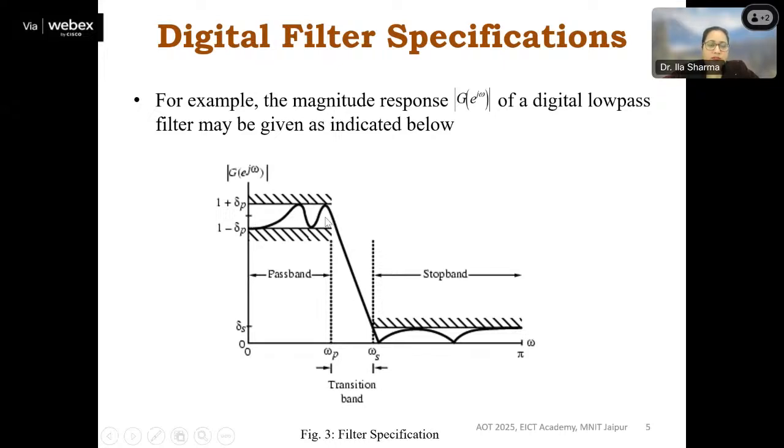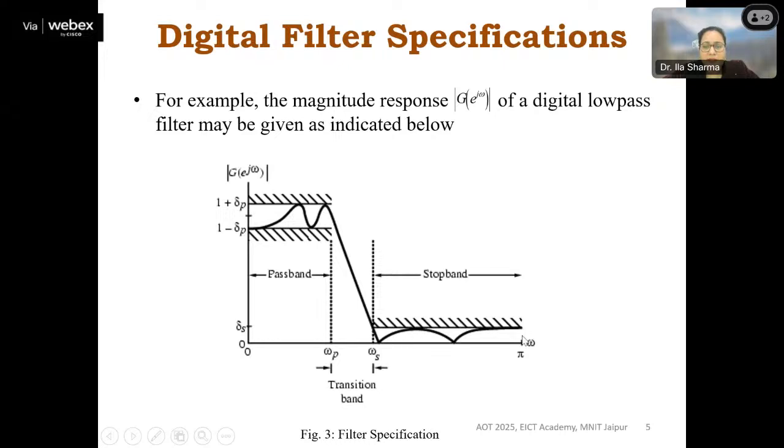But just observe this figure. It is not smooth, it is not constant, and it is fluctuating, having ripples between the lower and upper boundary of 1 minus del P and 1 plus del P. So till the passband, it is behaving like this. And in the stop band, again, this is not a flat 0.